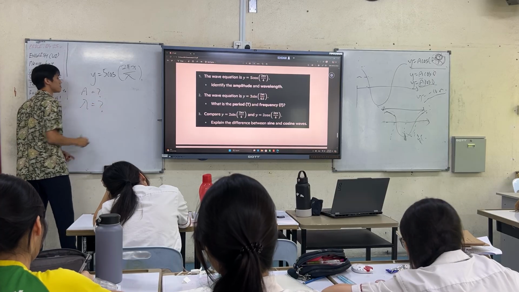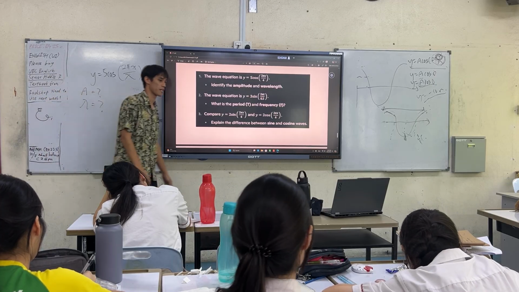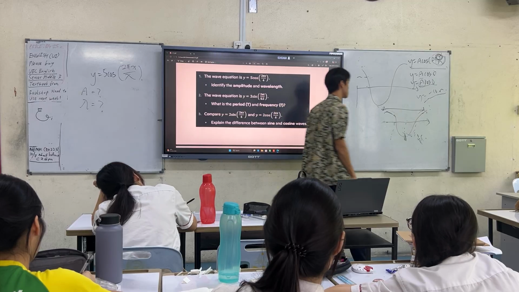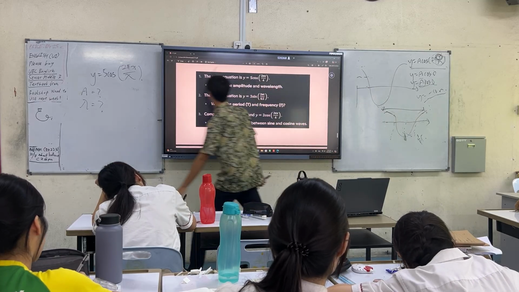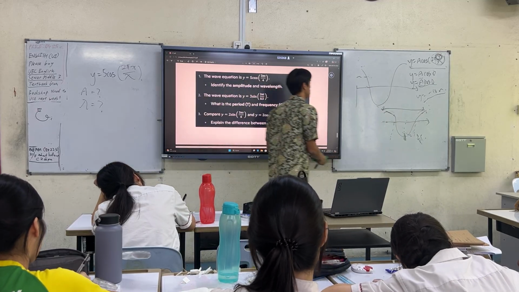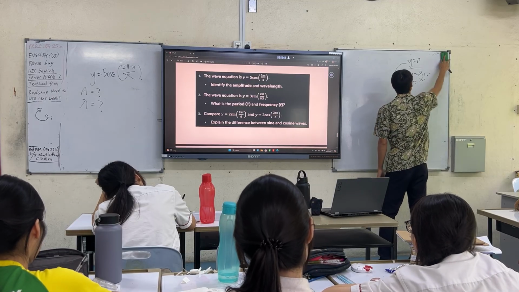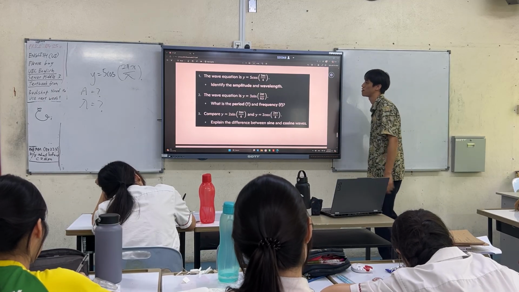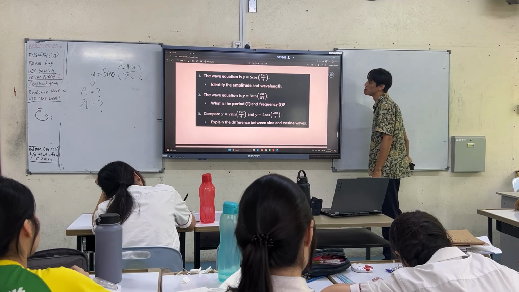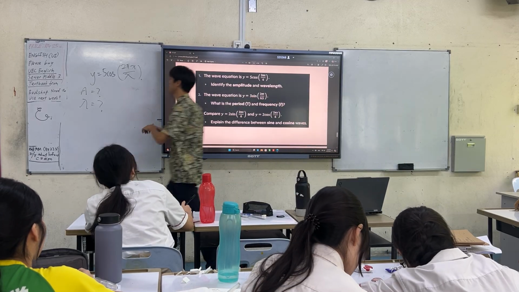Okay, very simple. What is the answer? What is A? A is 5, because this graph looks like this.